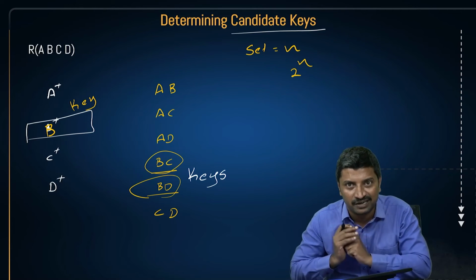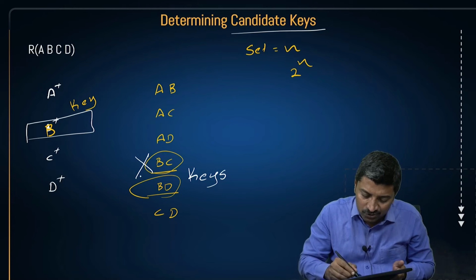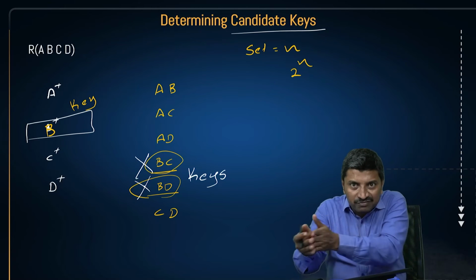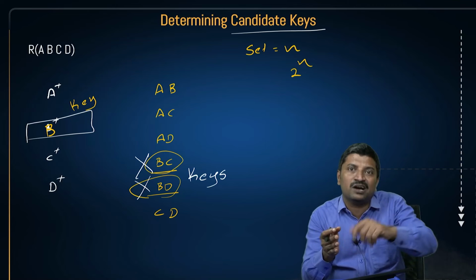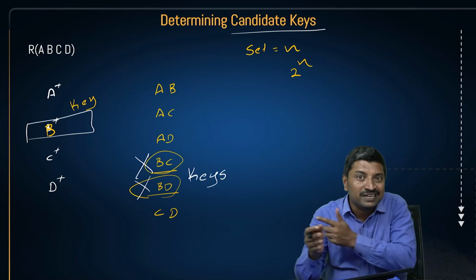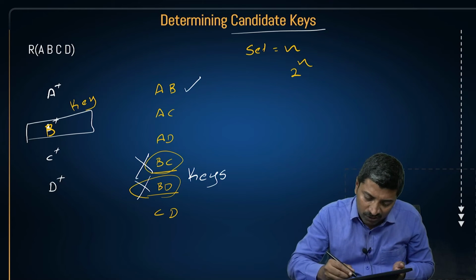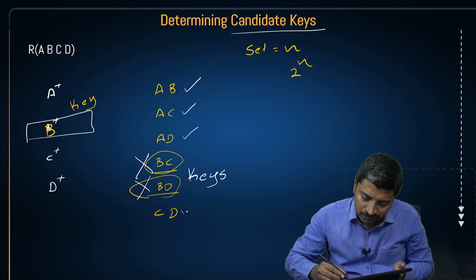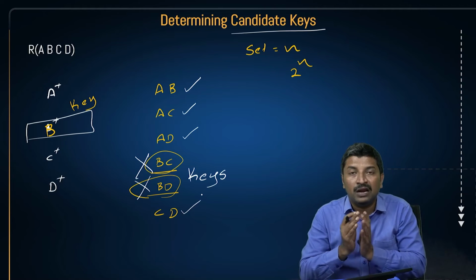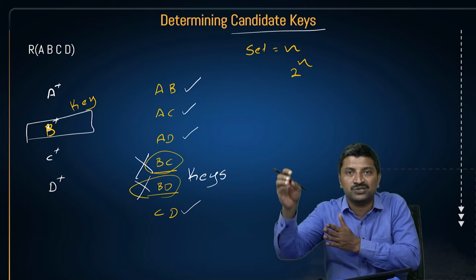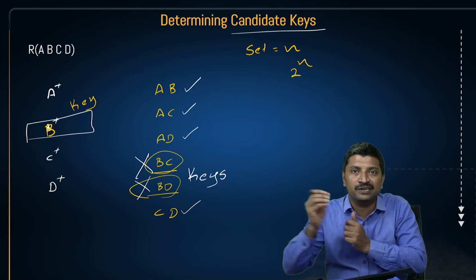But if they ask for candidate keys, no need to consider these two. Why? Because a subset of it is already a key, so it cannot be a candidate key anymore. Is that clear, sir? So we need to verify only these four. Like that, we can eliminate some subsets for candidate key verification.